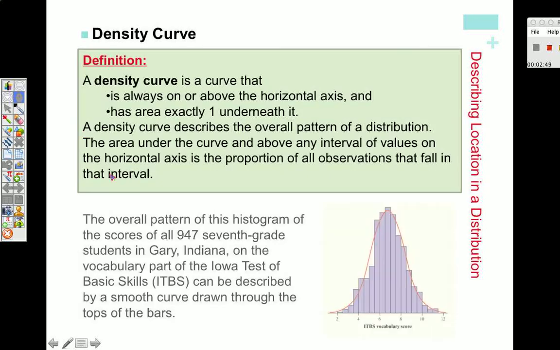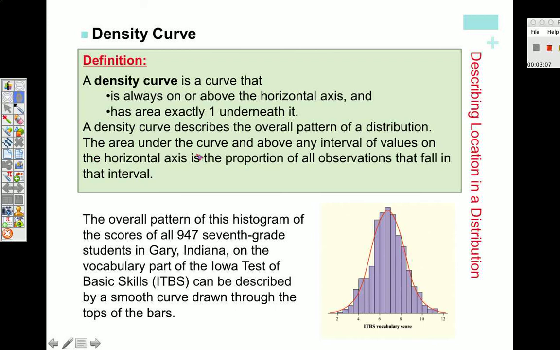that we're describing it by a smooth curve. And what we're looking at is, if we have something like this, we can approximate all those bars using this curve. And a density curve is always on or above the horizontal axis, and the total area, the total percent underneath it is 100%. The area is 1.